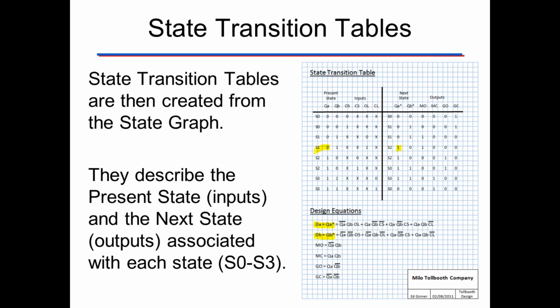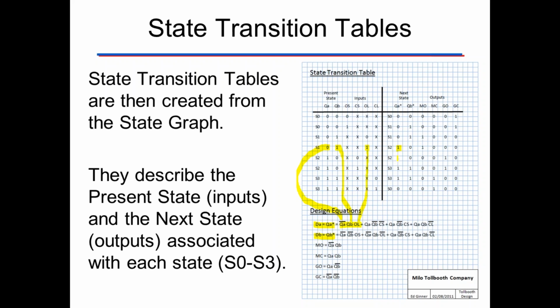Next one is QB, so we write that. And then the next one is going to be OL, because it's a 1, it's an OL, not an OL bar. So that's the minterm for that 1.